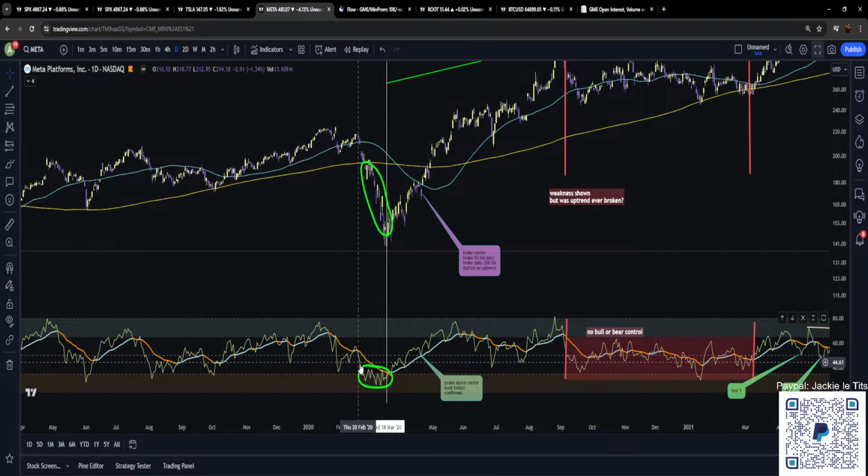What's important is where that RSI comes in to that EMA versus its relationship to the center line. So what does that all mean? We know that when the RSI is above the center line, it's bullish, and when it is underneath the center line, it's bearish.